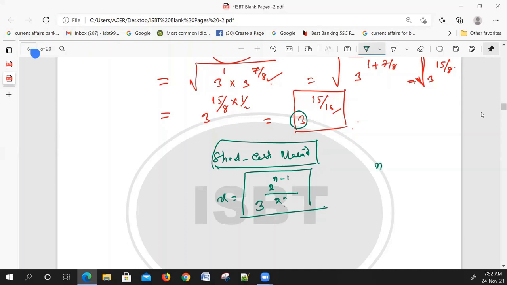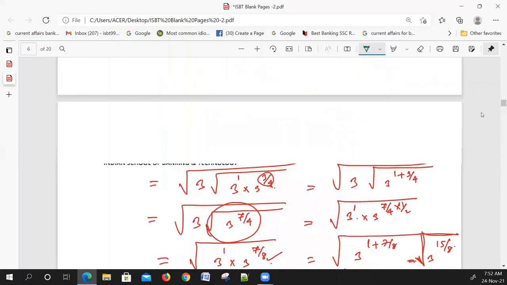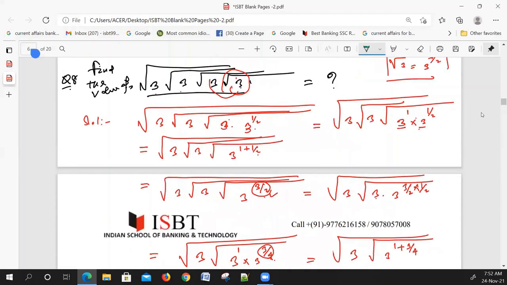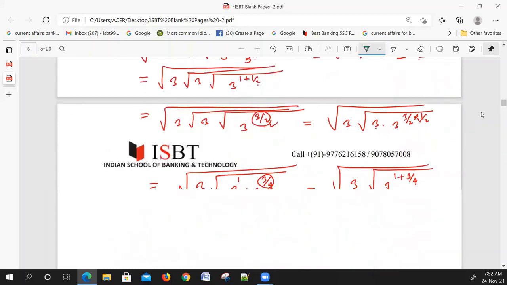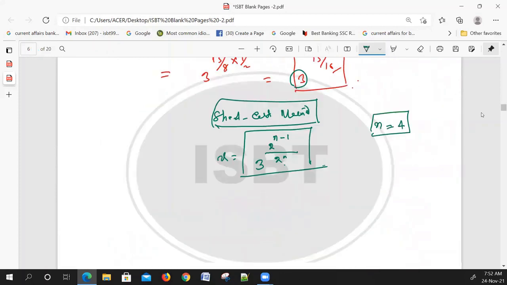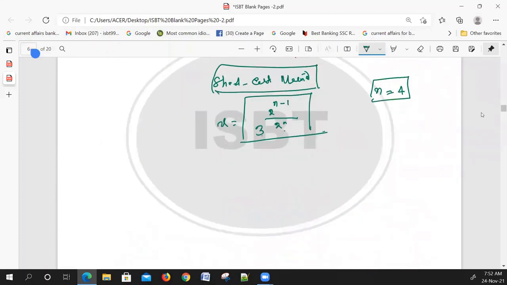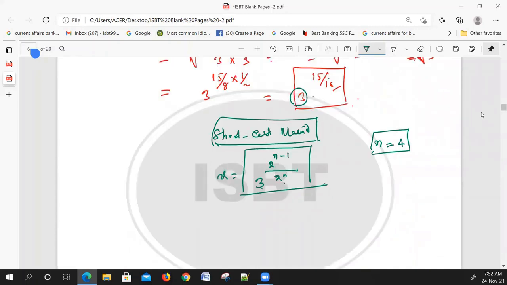So here n is equal to 4. Jitna times here root 3 into root 3 into root 3 into root 3, that means here n is equal to 4. How many numbers you multiply, that should be n. So here the value of this is equal to 3 to the power 2 to the power n minus 1 by 2 to the power n.